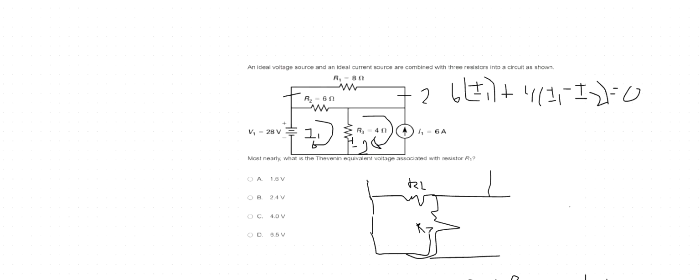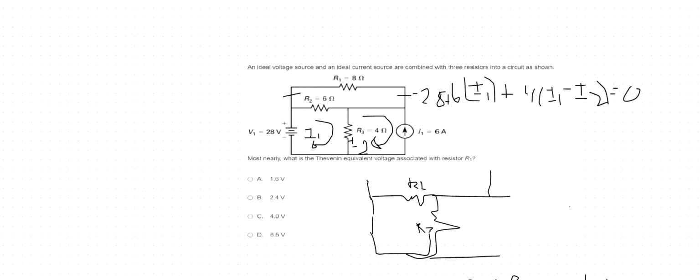You're coming out of the source, you're subtracting, you're saying minus 28 for the active sources, or the active elements. And then you use positive for the passive elements, right? So the resistors are passive elements.